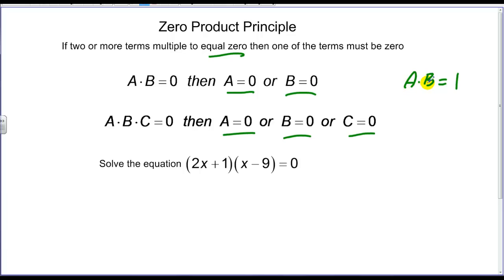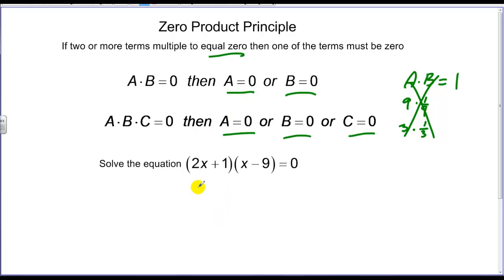Sure, a and b could equal 1 to get this to happen, but what else could happen? I could have 9 and 1/9 equaling 1. I could have 3 and 1/3 equaling 1. There's a whole slew of things that could multiply together to equal 1. But if two things multiply to equal 0, the only way that that happens is if one of those two terms is equal to 0.